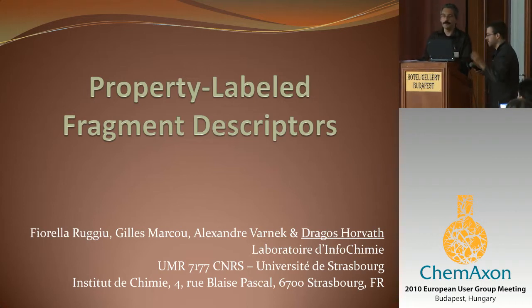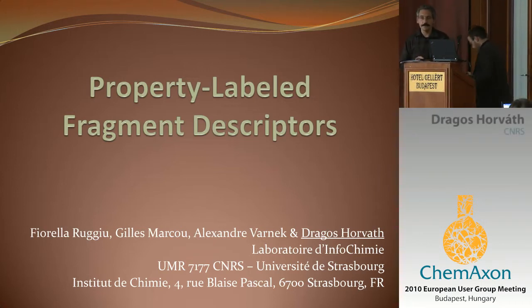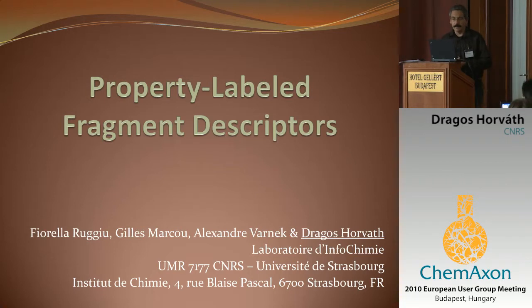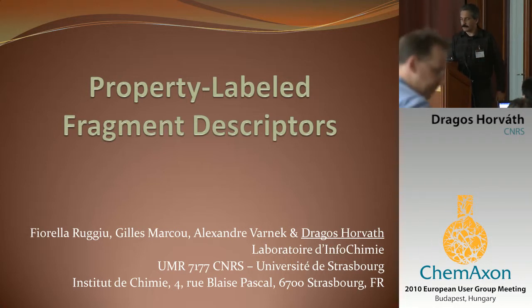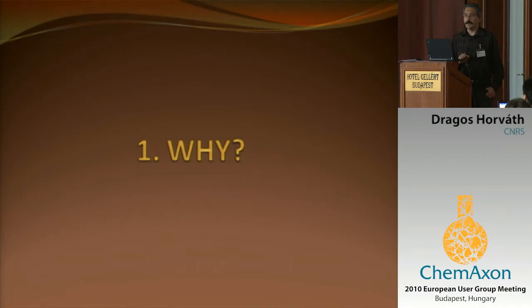So it's my pleasure to be here back again after having missed it out last year. I'll just briefly mention the last developments. It's not completed yet, so it's still a work in progress. It's about property labeled fragment descriptors, and the first question is why?